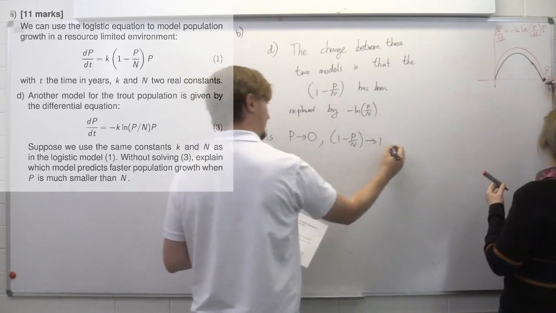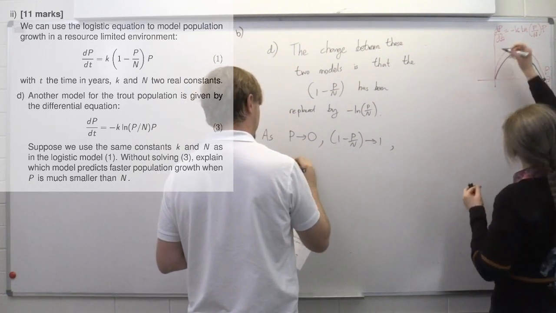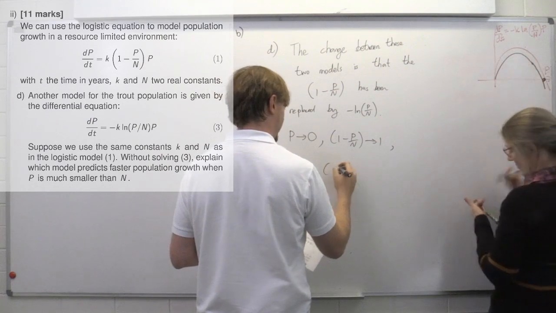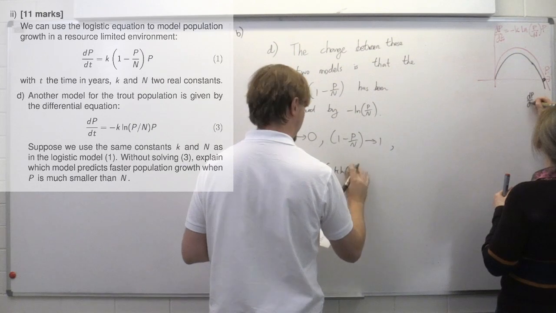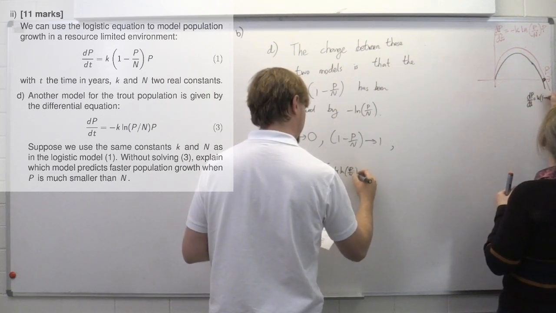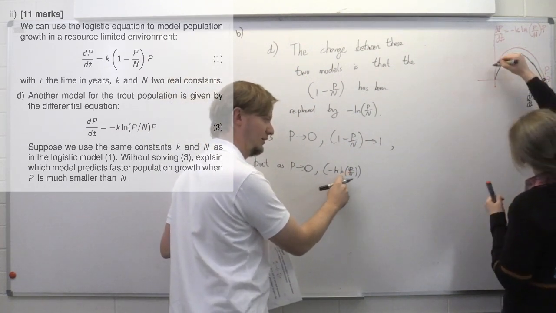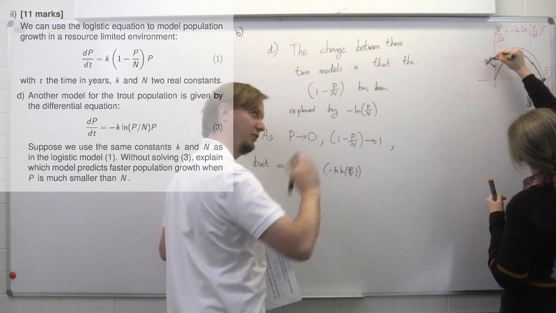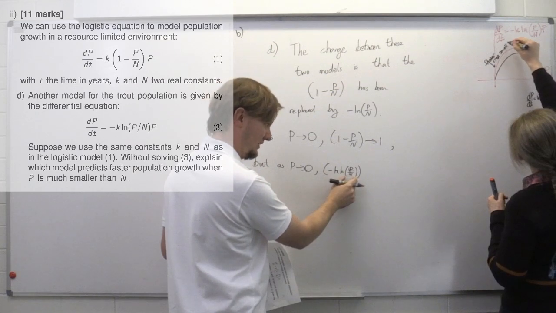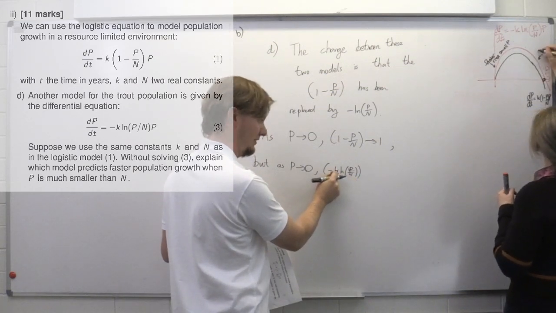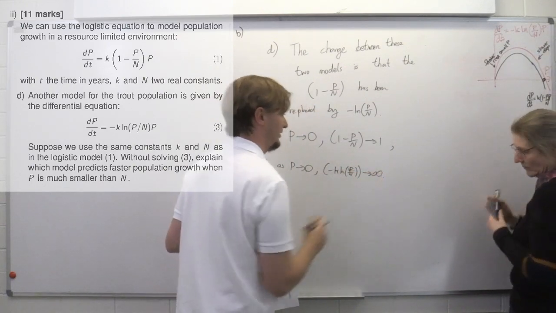But as p tends to 0, we also notice that minus log of p over n, well, what's really happening is p is going to 0, and the log of a number tending to 0 is going to go to negative infinity. But this minus sign here corrects that and makes it positive infinity. So this term here is tending to infinity.